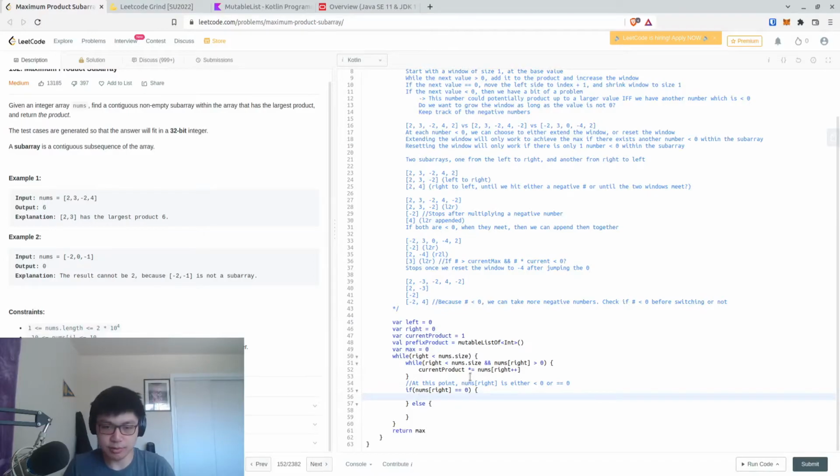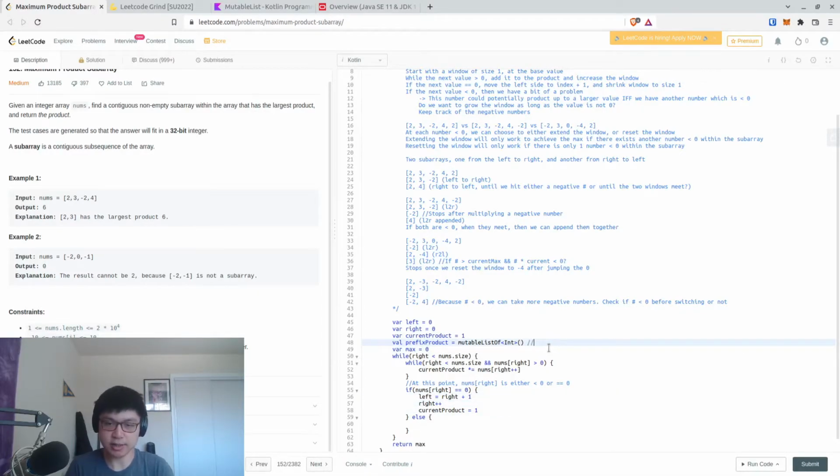So if it's equal to 0, then our job is pretty simple. Left is equal to right, and then we just continue. Or right plus 1, right plus plus. So we just skip that number, and then we can say our current product is equal to 1. So we reset our current product down to 1 again. And we don't need to save a prefix product.